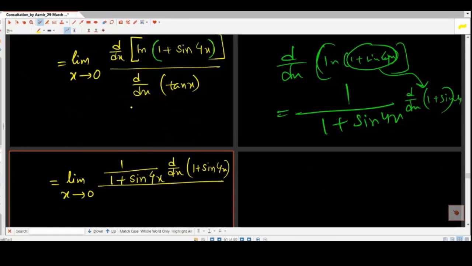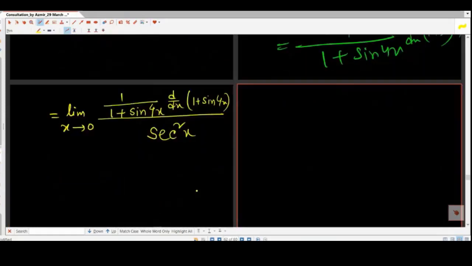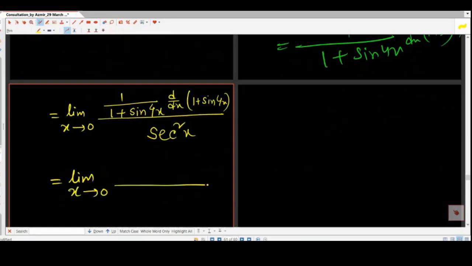In the denominator, differentiation of tan x is directly secant squared x. So limit x tends to 0, we have 1 over 1 plus sine 4x. Differentiation of 1 is 0. Differentiation of sine 4x.